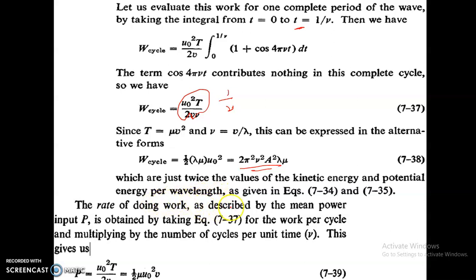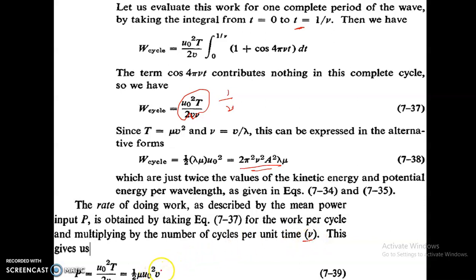And the rate of doing work, as described by the mean power input, is obtained by taking this equation, u0 square T divided by 2v nu for the work per cycle, and multiplying this by the number of cycles per unit time, which is nothing other than the frequency nu.